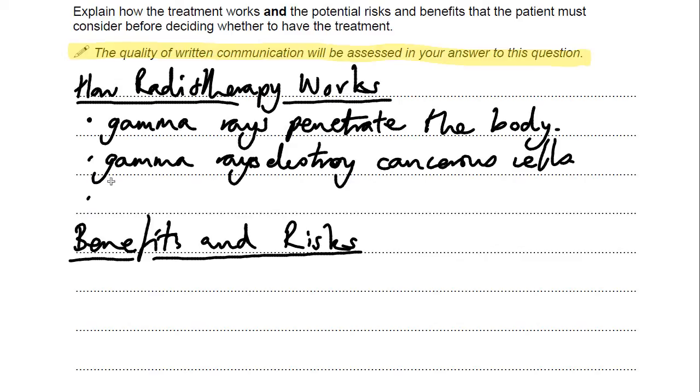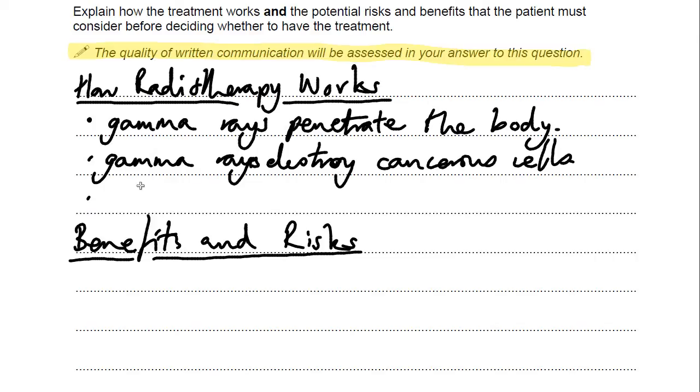That's quite a hard thing to get your head around, but if you like, if we weren't rotating it, then it would destroy all the cells along that same line of action. So as it rotates, it's the different cells that the beam is going through, so therefore only a few of them are destroyed, or less of them are destroyed, but it's always going through the tumour, and that's the important bit.